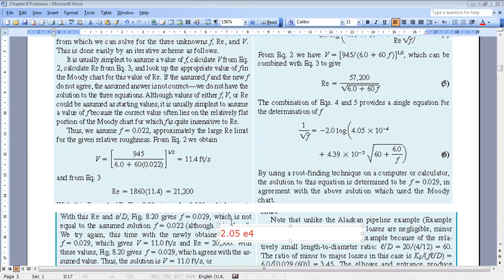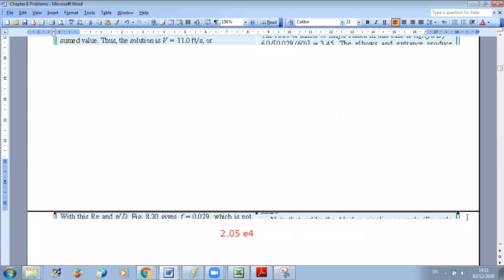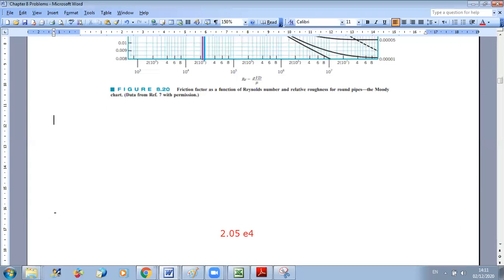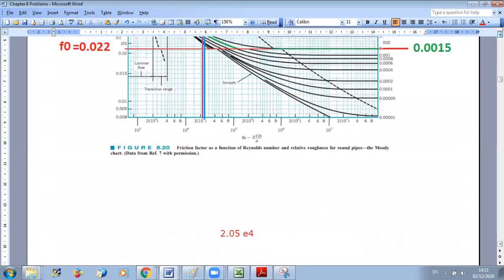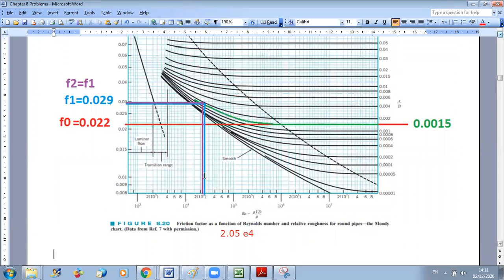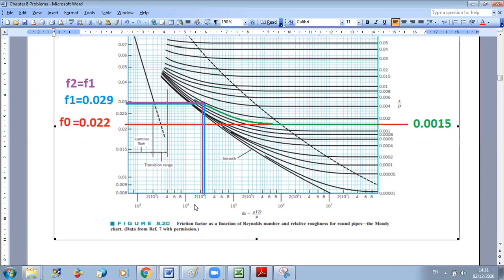So what I should do now is go back to my Moody chart to verify that F is very close to the previous value. If you take the line for 2.05, it's the line here. As you can see, the two lines are very close to each other.